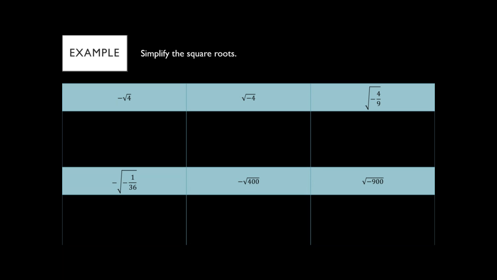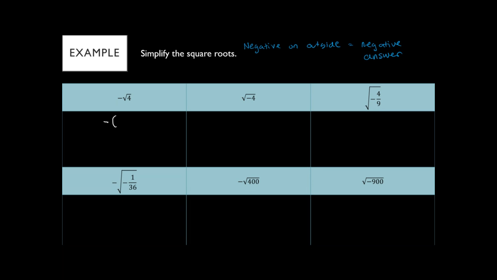So I'm going to just write that in blue. Negative on the outside equals negative answer. So for negative square root of 4, you take the square root of 4, and then you're going to have a negative answer.